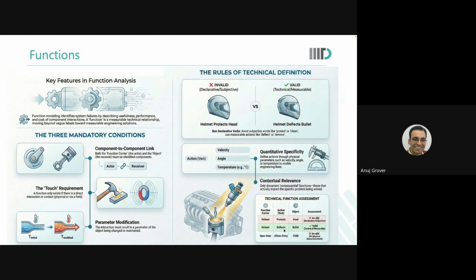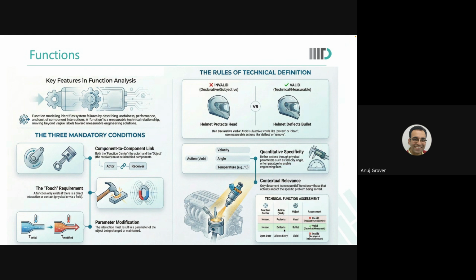The function either changes or maintains some parameter of the object. So a function does something to the object. Component to component, there has to be an interaction, and some parameter has to change or be maintained.